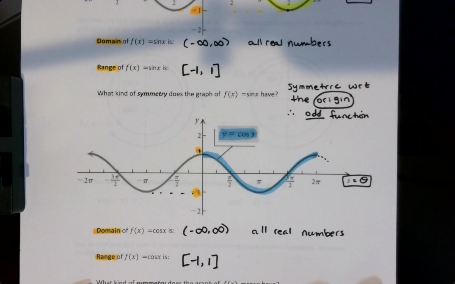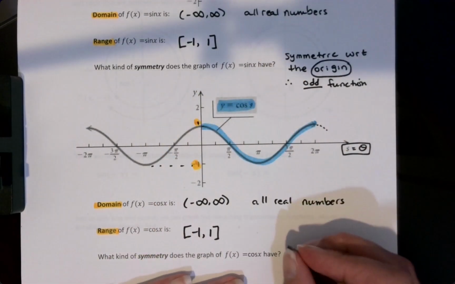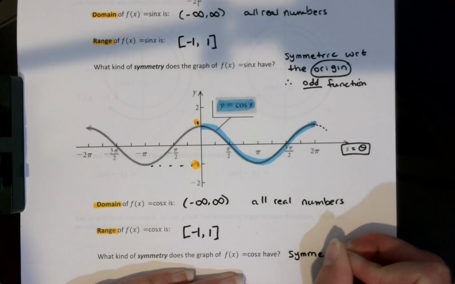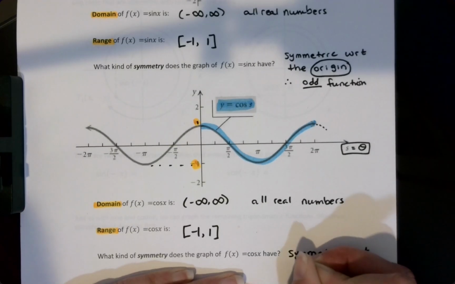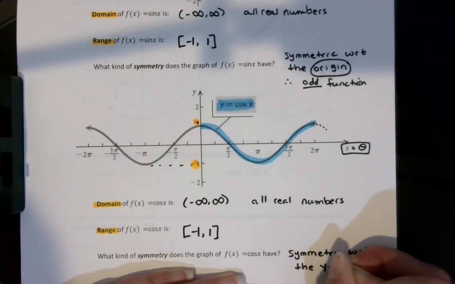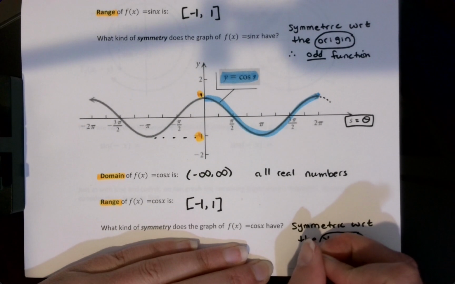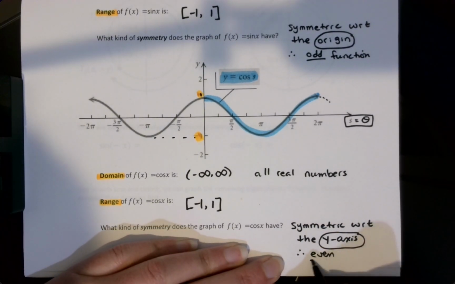As far as symmetry, this graph is symmetric across the y-axis. So it's symmetric with respect to the y-axis. And if you remember from earlier in the course, this meant that we have an even function.